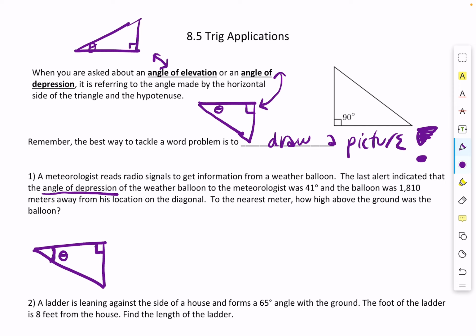It gives us that angle, so we can put that in there. 41 degrees.